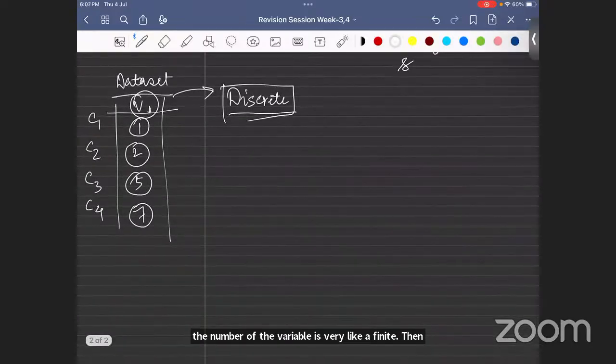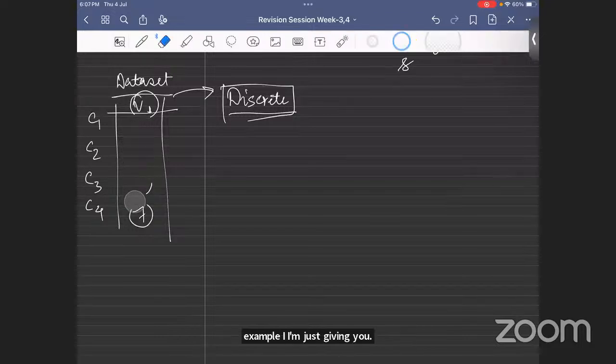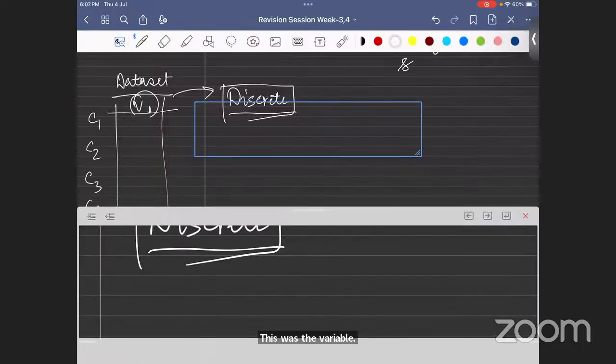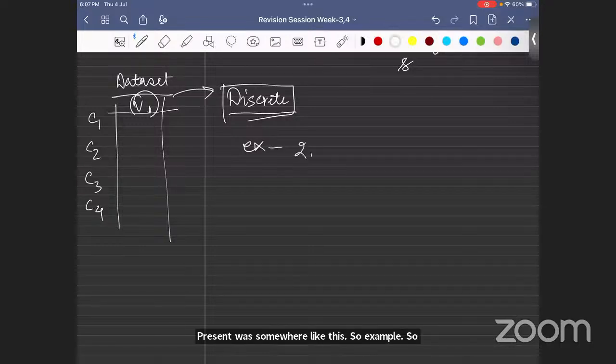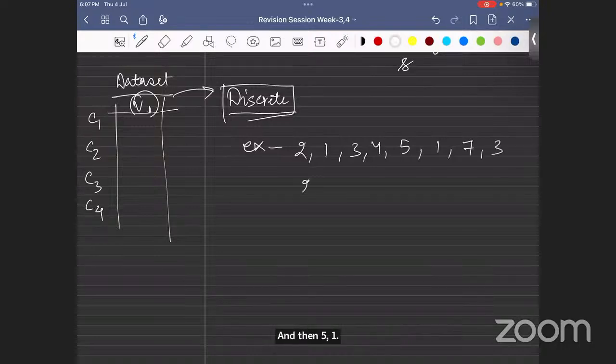For example, the variable is the number of people in the household, and the values are 1 2 3 4 5 1 7 3 2, somewhat like this.